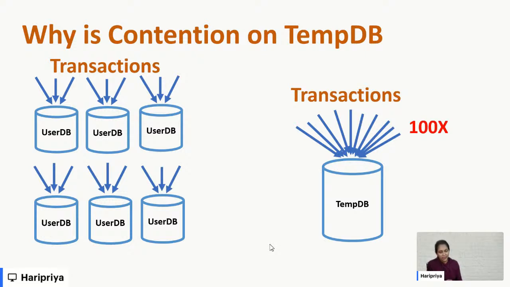And there is only one TempDB in the whole SQL Server instance. So the workload is either 10 times more or even 100 times more, because it has to take all of that load from all the user databases. No wonder there is contention on TempDB, and that's the reason we are talking about TempDB contention today.